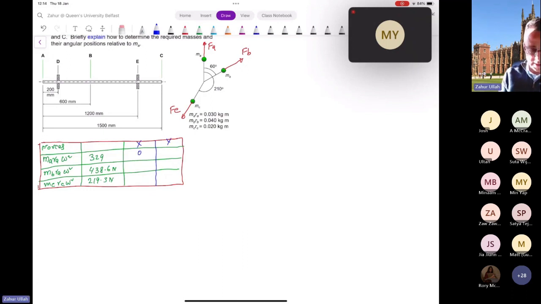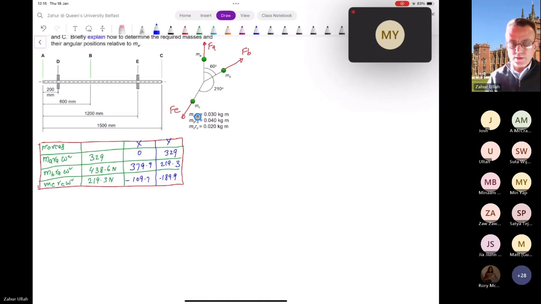So this will be 0 and this will be 329, and 379.9 and then 219.3. And then this one will be 109.7 and this will be minus 189.9. So in this case, as you can see, we calculated the X and Y components of all these three forces.